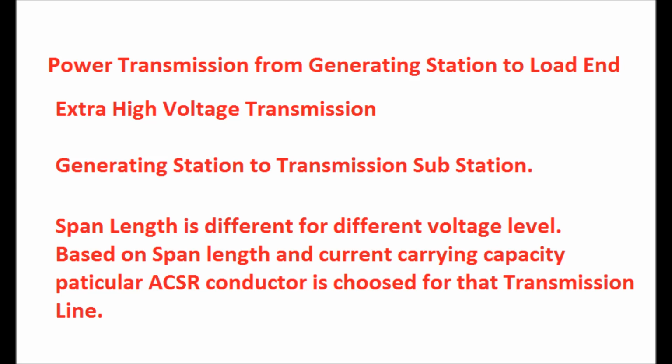Also, in order to give tensile strength, more layers exist for the inner steel strand in that type of ACSR conductor. So there are three parameters: one is voltage level, another is span length, and another is current carrying capacity. Based on these three parameters, the type of ACSR conductor is chosen for the transmission line.